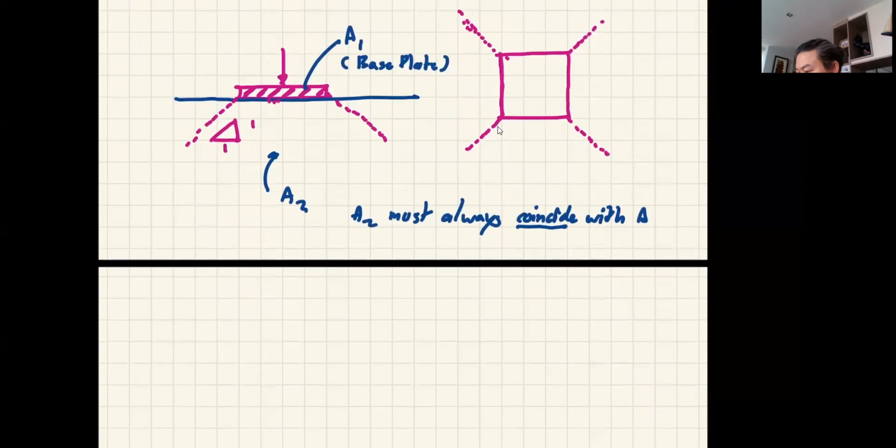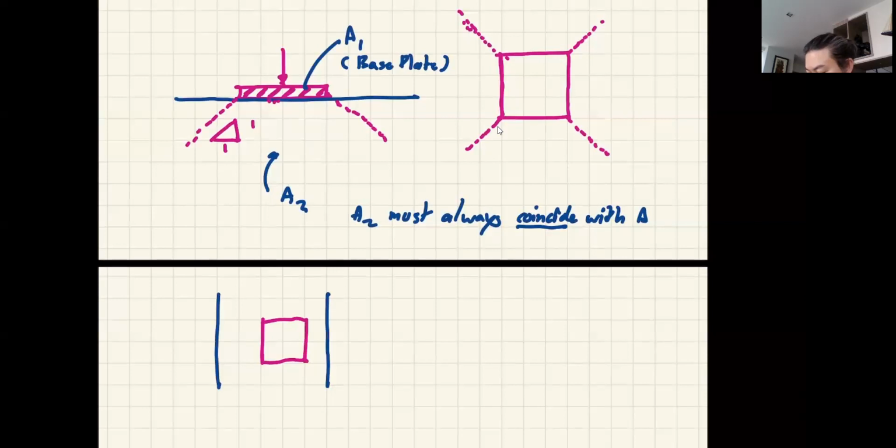So for example, if this is my A1, my A2 cannot be like this. Let's say this is the edge of the concrete, something like that.